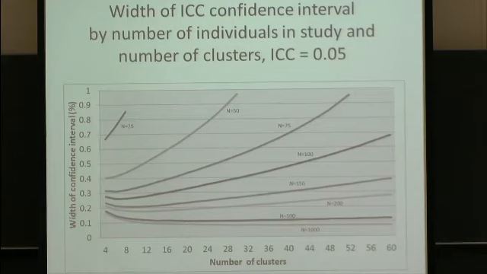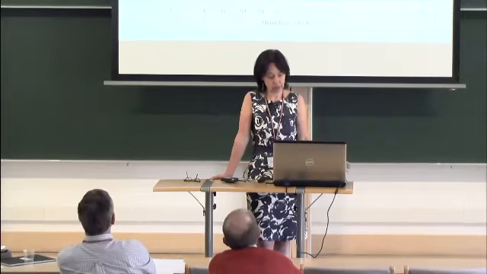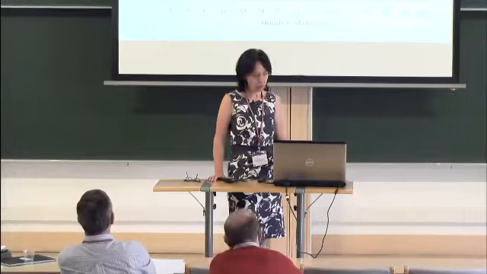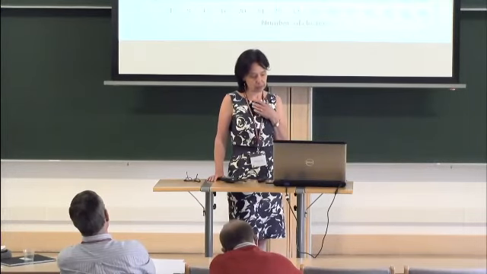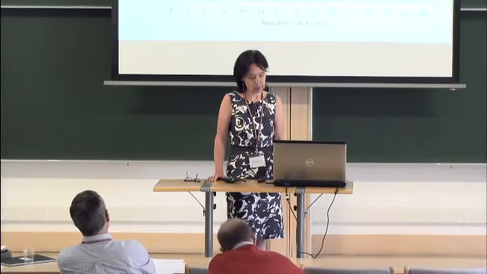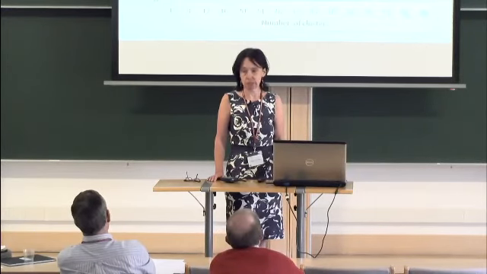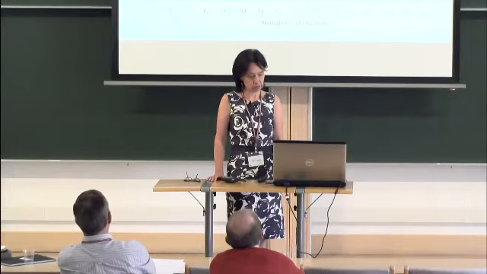there are some drawbacks in trying to estimate your ICC from a previous study, depending on the size of that previous study. There are a number of ways I could have showed this. Previously I showed it empirically. This time I decided to show this information. This is using an analytical approximation to the confidence interval for an intracluster correlation coefficient.